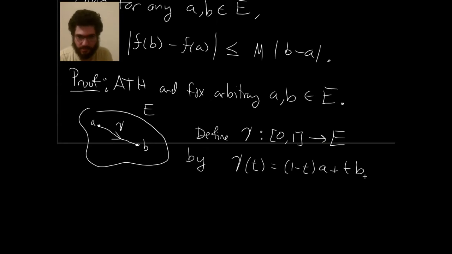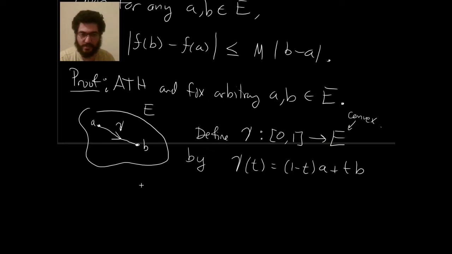Here A and B are these vectors, they're n-tuples, and these are scalars. And I'm guaranteed that when I write down this path, it does have its output inside E, thanks to the fact that E is convex. So that's where the convexity is used.